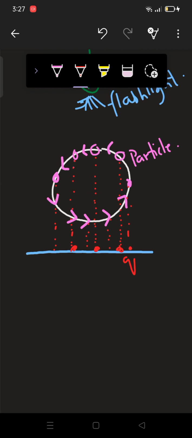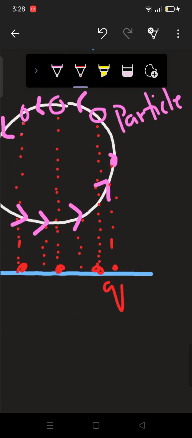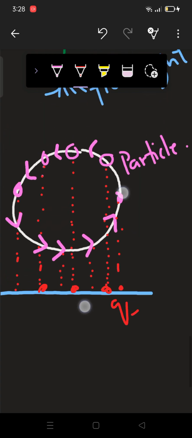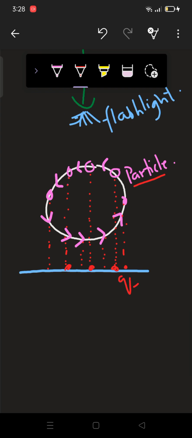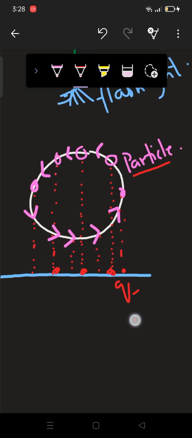Now if you see the shadow's motion, this Q1 is the shadow, this one is the particle. Leave the particle for now. See the shadow, right? This shadow will be moving like this.